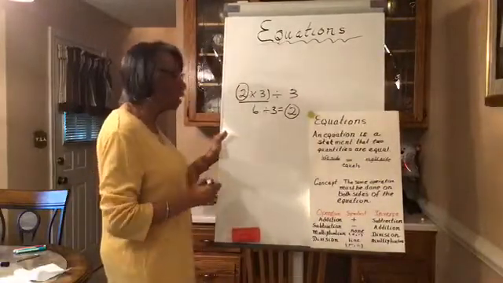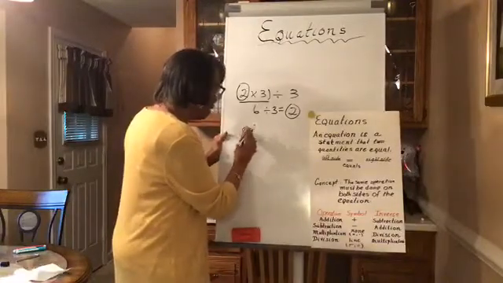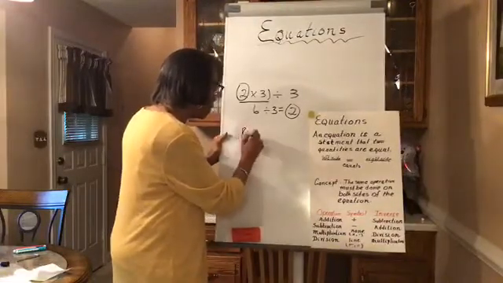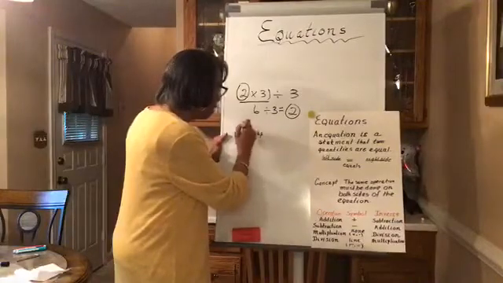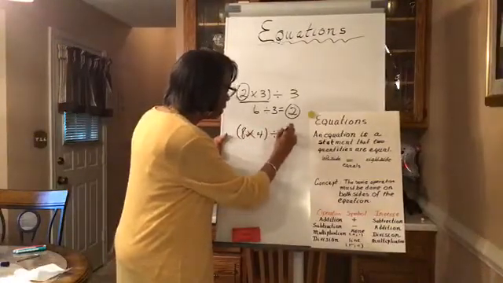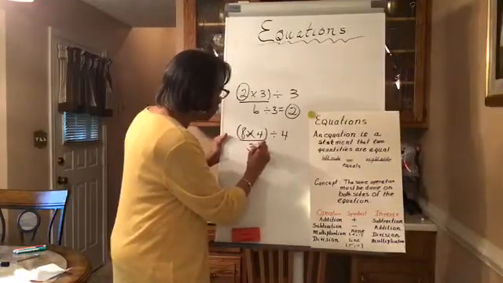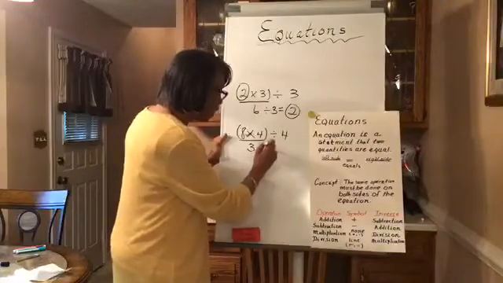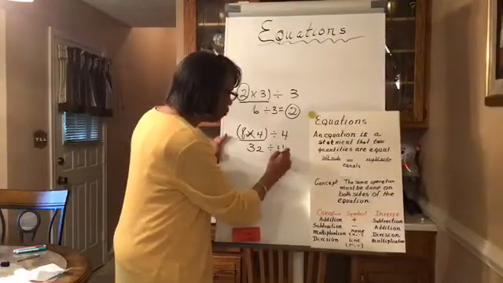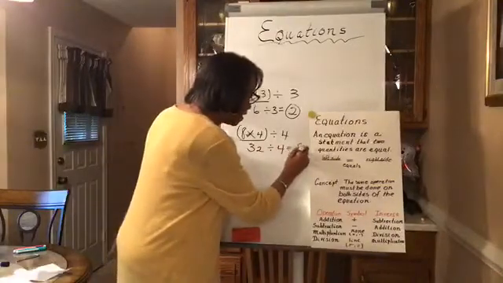Let's do another one. 8 times 4 divided by 4. 8 times 4 is 32. And 32 divided by 4, if you know your table, is 8.